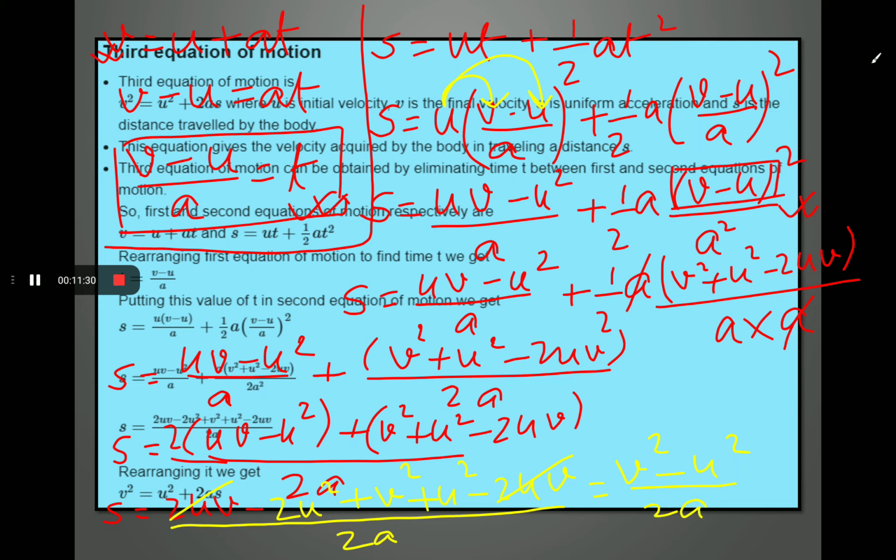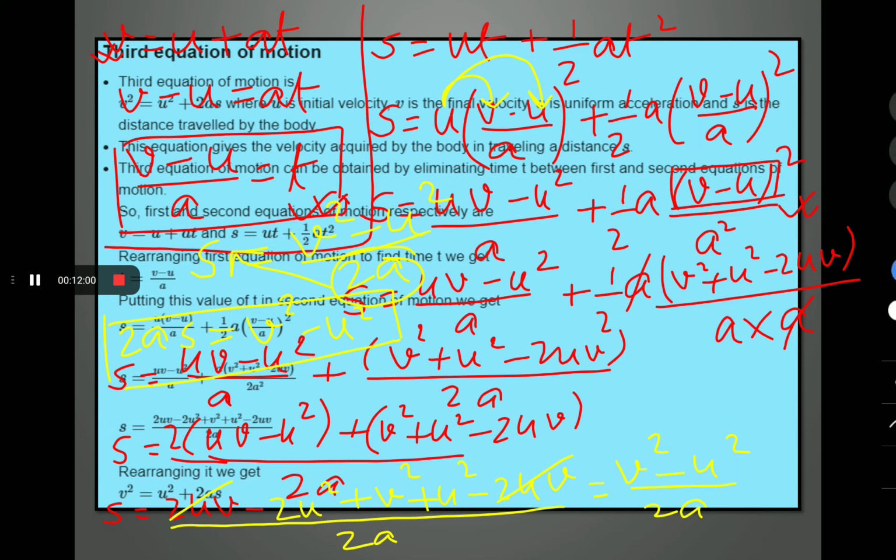So the expression becomes S is equal to (v square minus u square) by 2a, and when this 2a is multiplied with the distance, it becomes 2as is equal to v square minus u square. This is the required third equation of motion. So students, you have to solve it clearly and you will understand it.